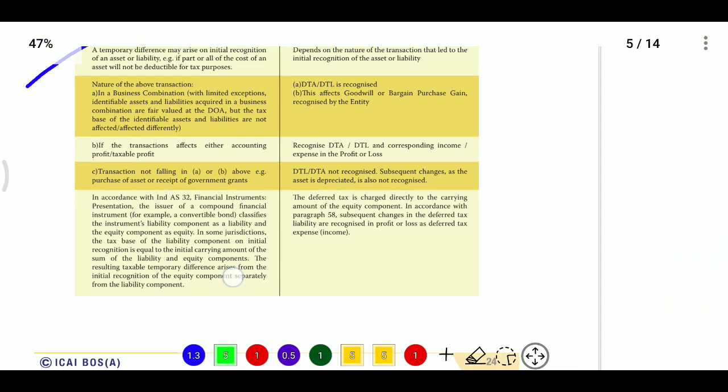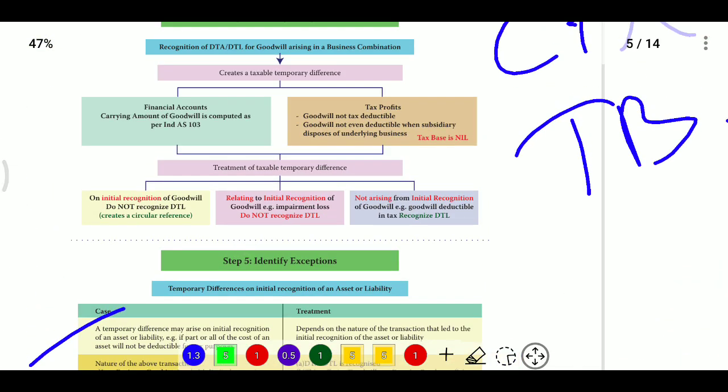Here there is goodwill, right? Okay, goodwill we missed this one. DTL will be recognized through goodwill or capital reserve on assets and liabilities taken over in a business combination. DTL will not be created on goodwill arising in a business combination; we recognize it through goodwill instead.